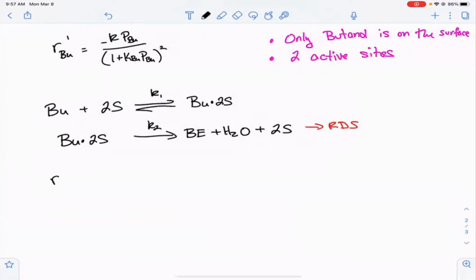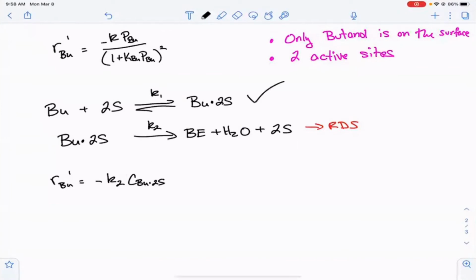So we know then, if it's the rate determining step, that the rate of reaction is simply going to be minus K2 times the concentration of Bu.s, or this thing we call Bu.2s. So if that's true, let's find what this is.